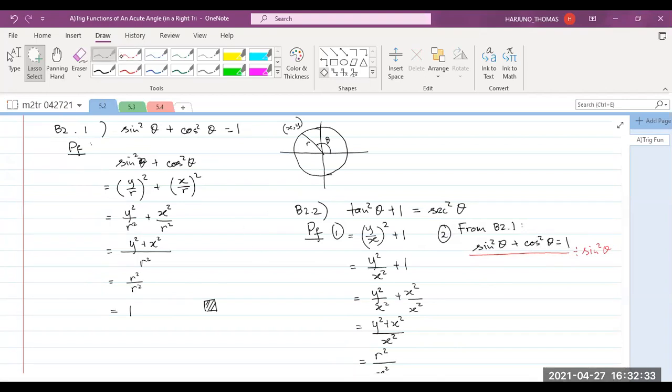Okay, so on the left-hand side, you will get sine squared theta over sine squared theta plus cosine squared theta over sine squared theta. What am I doing? I'm sorry, I want to prove B2.